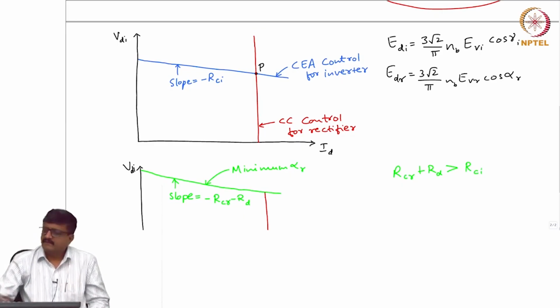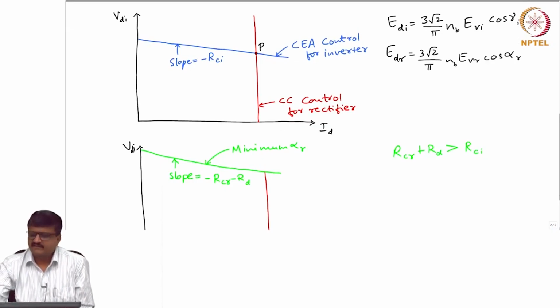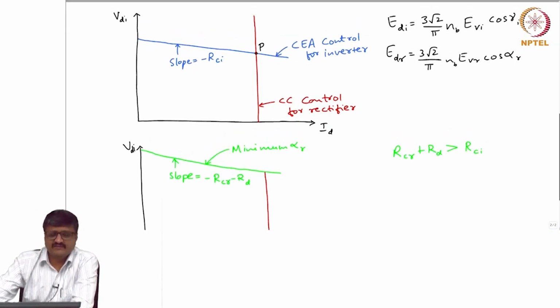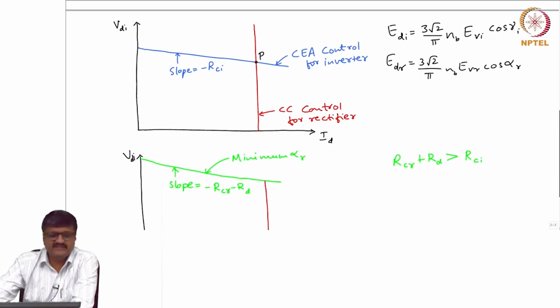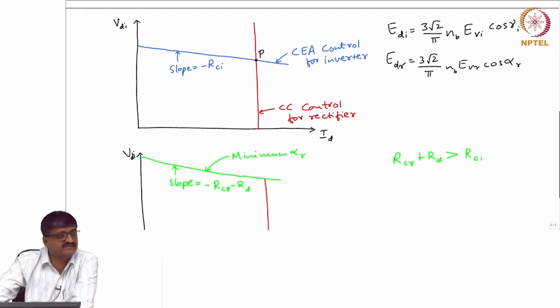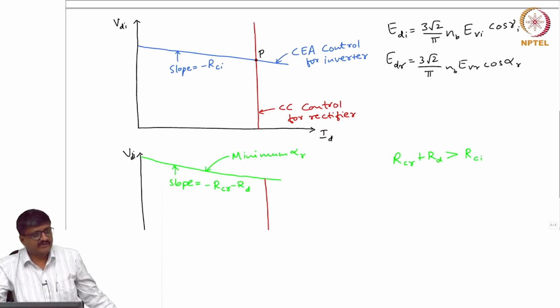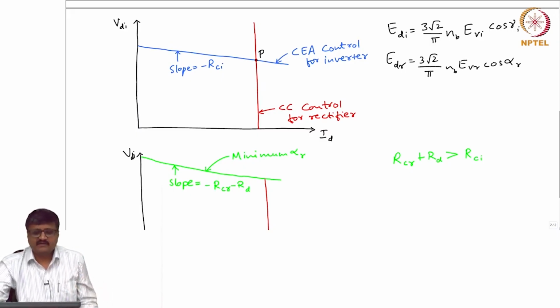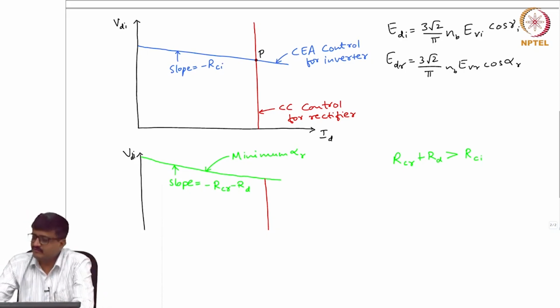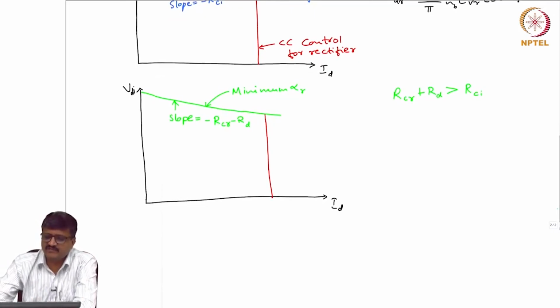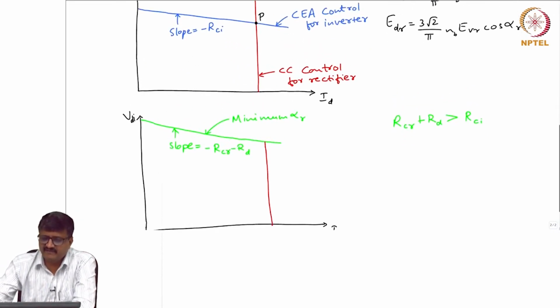Okay. Now, what is the implication? See, if you just look at these two graphs. In the first graph, point P was the point of intersection of the CEA control characteristic of our inverter and the CC control characteristic for the rectifier. Okay. Now, due to reduction in the rectifier AC side voltage, what can happen is alpha can keep on decreasing, but at some point it can, okay, what I will do is I will try to draw a graph where both the CEA characteristic is there and the minimum alpha R characteristic is there.